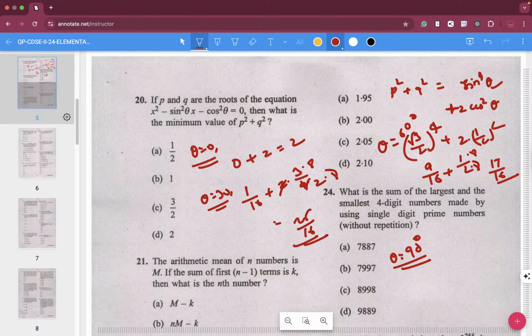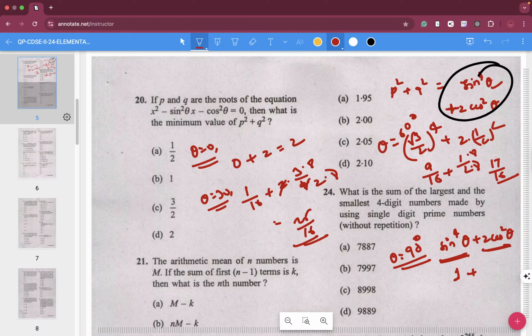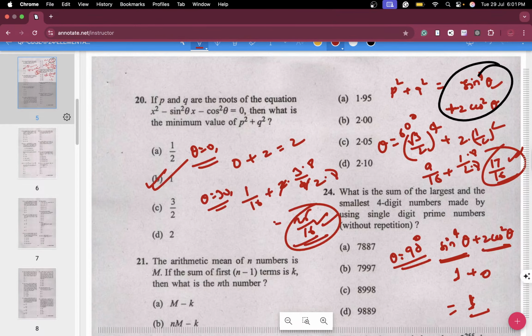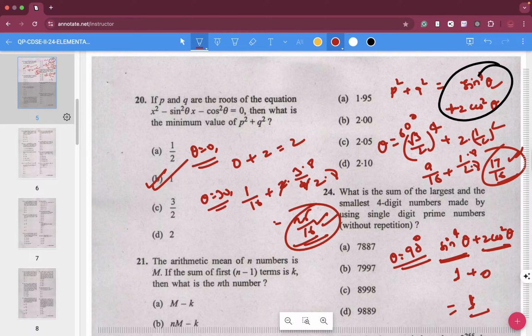If you put theta is equal to 90 in sine raised to the power 4 theta plus 2 cos square theta, sine 90 value will be 1 and this particular value will be 0. This value is more than 1, this value is also more than 1. So the least value we could get over here was 1, question number 20, answer will be B, folks.